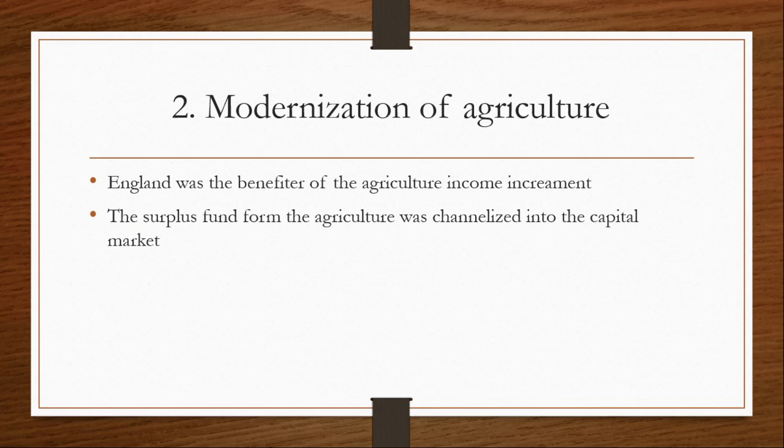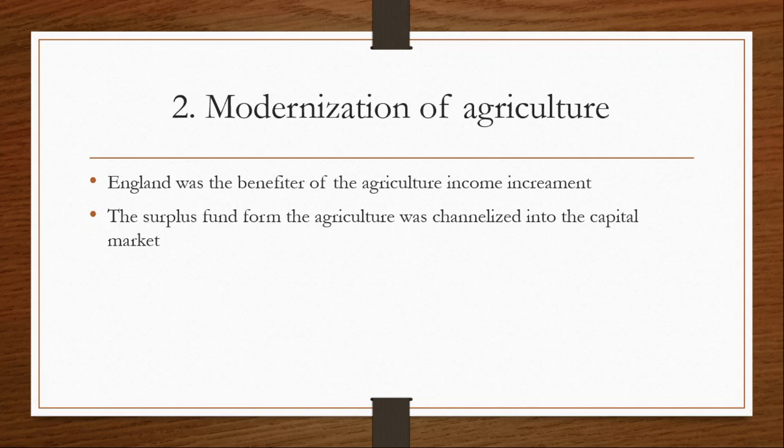Now the second, modernization of agriculture. See, the second important factor that leads to the development of capital market is the modernization of agriculture. England's industrialization helped their agriculture sector get a boost for its development.